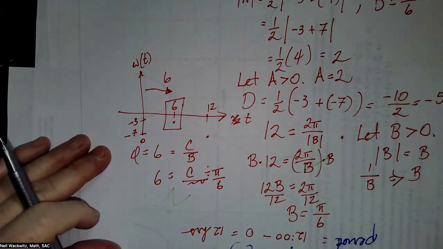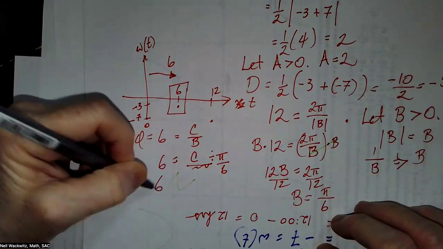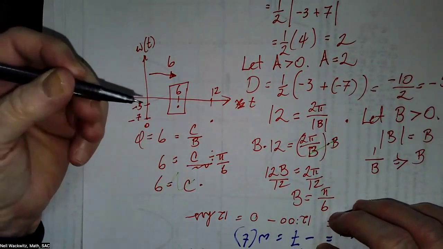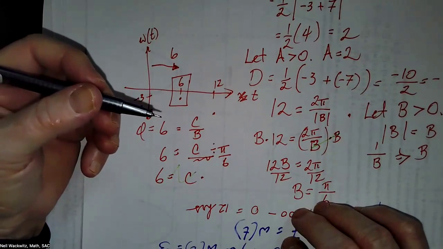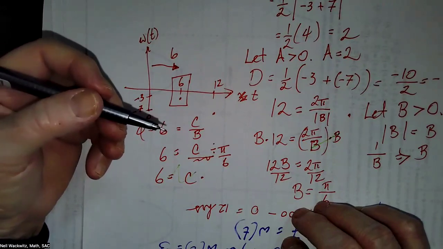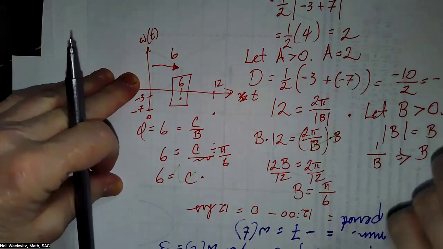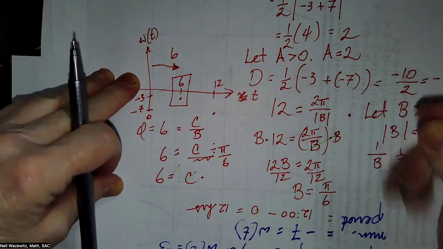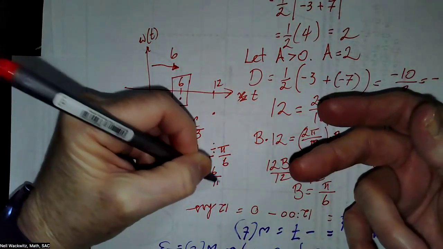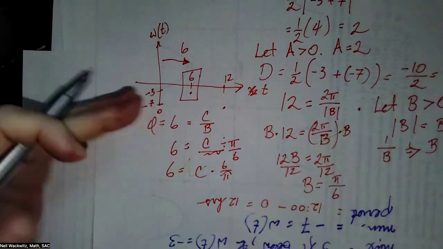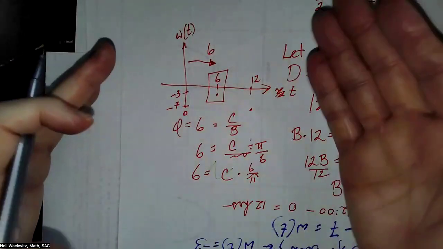Dividing by pi over 6 is the same as multiplying by 6 over pi. Very good. Now it's a little bit easier, at least for me, because they're all multiplication signs.